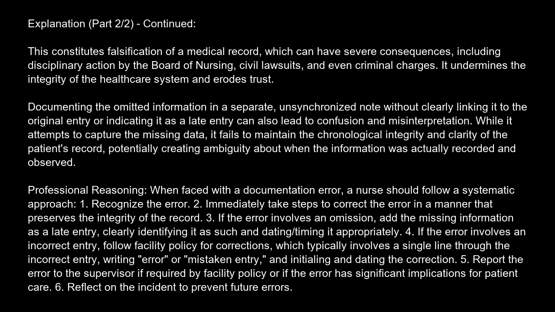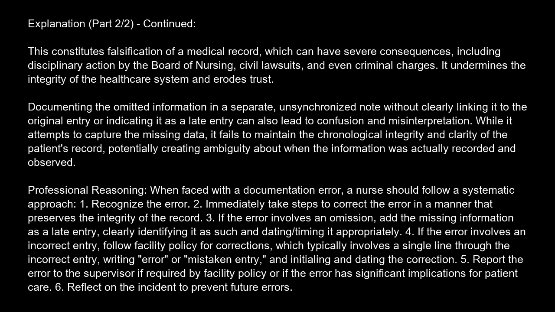Professional reasoning. When faced with a documentation error, a nurse should follow a systematic approach. 1. Recognize the error. 2. Immediately take steps to correct the error in a manner that preserves the integrity of the record. 3. If the error involves an omission, add the missing information as a late entry, clearly identifying it as such and dating and timing it appropriately. 4.